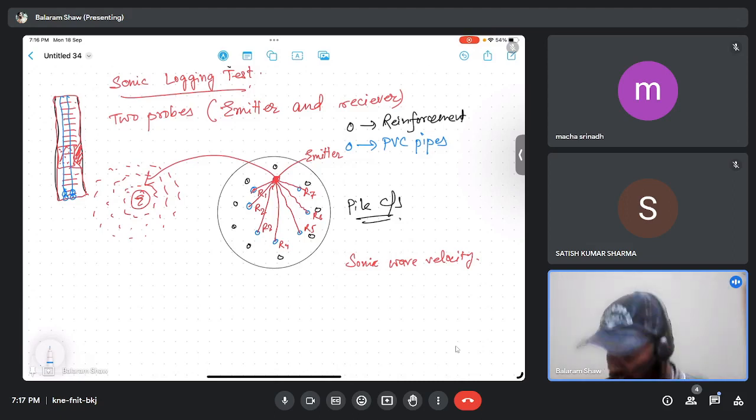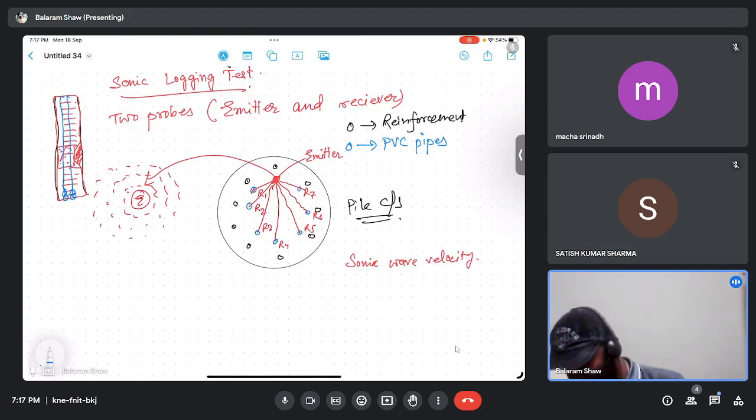So we'll repeat the test at various depths along the pile length, and for each of those depths the sonic wave velocity will be determined, like what we saw at the bottom of the pile. And now from this sonic logging profile, what is a sonic logging profile?